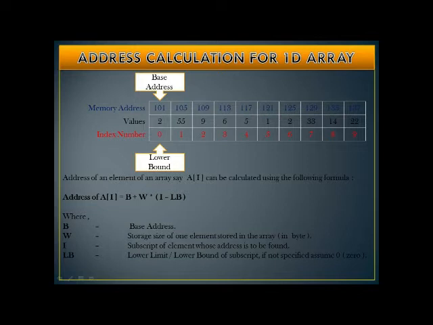Now this array is saved in the memory, that is, in the RAM. I told you a few seconds ago that each and every variable in the RAM has a memory address. This memory address is basically a hex code, or you may say binary numbers.